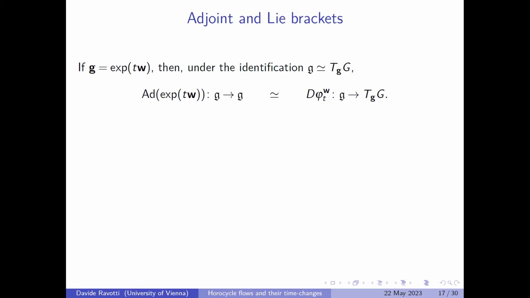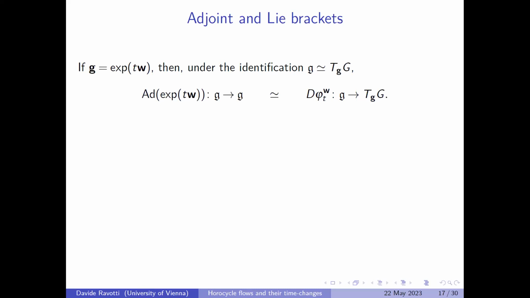So imagine now that the element g for which you are computing Ad g is the exponential of a matrix t times W. Then this is again a linear automorphism that takes an element here and maps it to the inverse of this matrix, which is the exponential of minus t times W, times the input you take, times this matrix again.